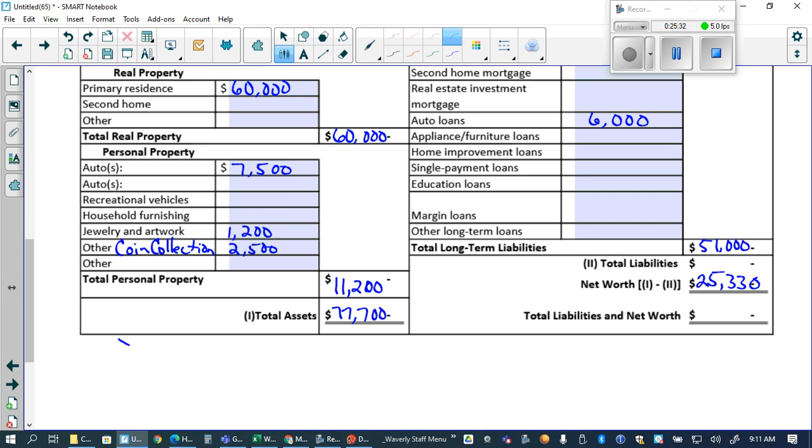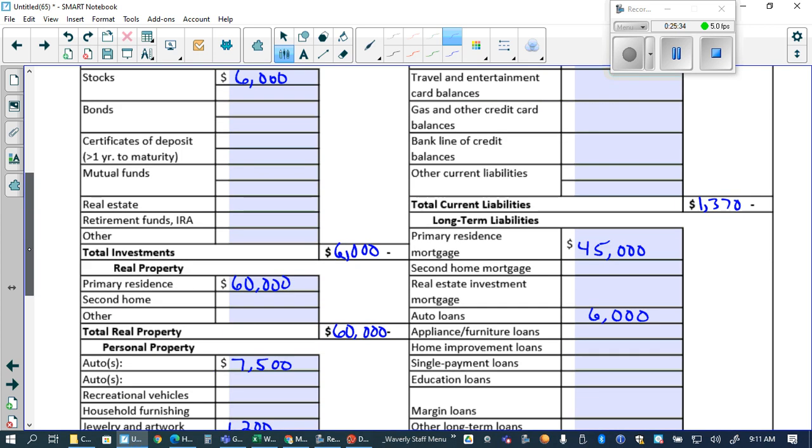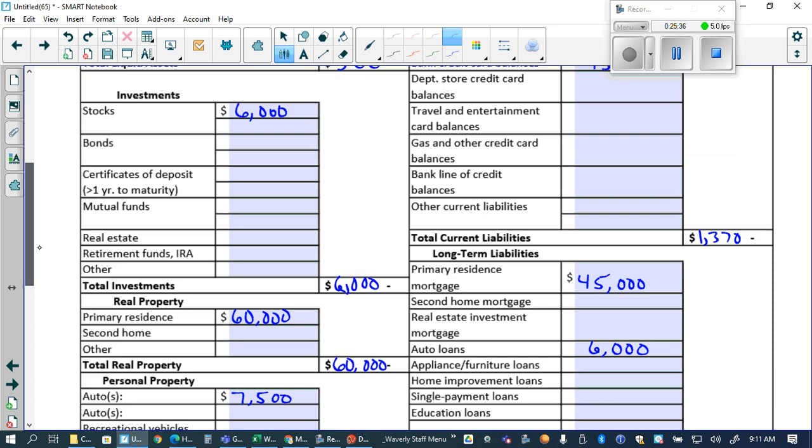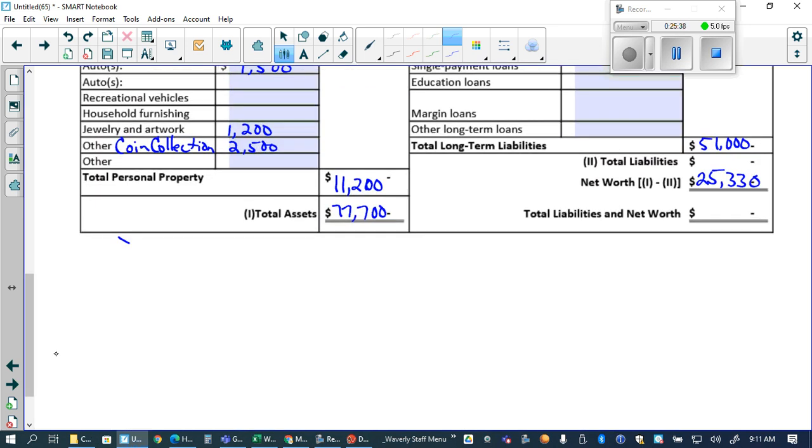Now we bottom line the liabilities, add up those figures, and it comes to 52,370. Now we just subtract the 52,370 from the 77,700, and you get a net worth of 25,330.